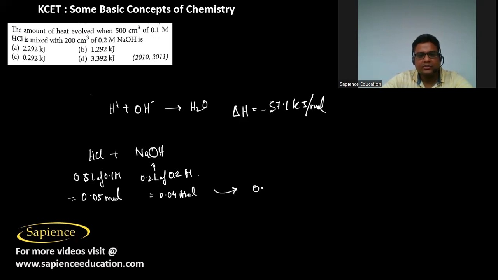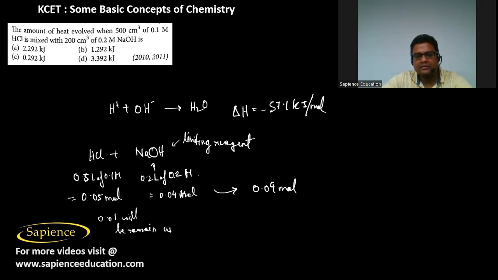So 0.04 moles of HCl will react with 0.04 mole of NaOH. Means NaOH is the limiting reagent here. It means that the full amount of HCl will not react. So 0.01 mole will remain unreacted, and 0.04 mole will react.